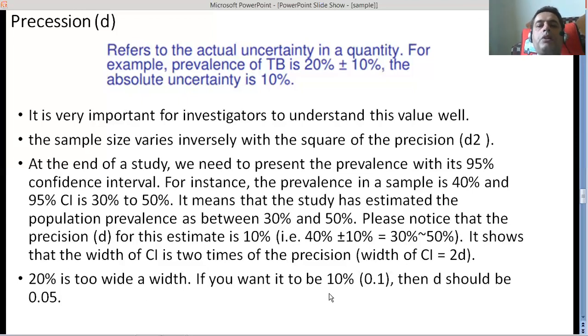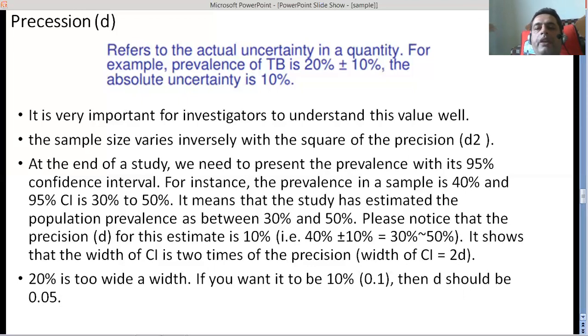If you want the width to be 10% or 0.1, then D should be 0.05. So in that case, you can go for D as 0.05 in your study. D of 0.05 can give you about 10%, the width of 10%.